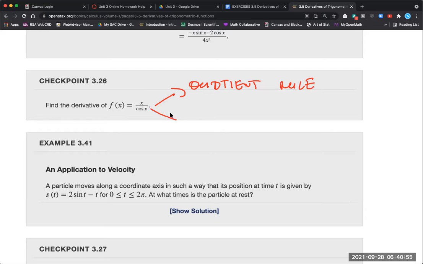Or someone can say, well, I can use the product rule too. And then what that turns out to be is x times 1 over cosine x, which then is x times secant x, since 1 over cosine is secant x. And so maybe you want to just do the product rule instead of the quotient rule, and you get the same answer, but your simplified expression may look different. So use the quotient rule, or use the product rule.